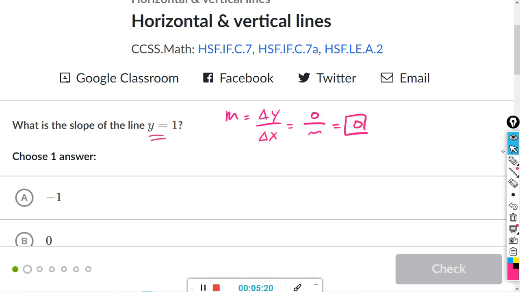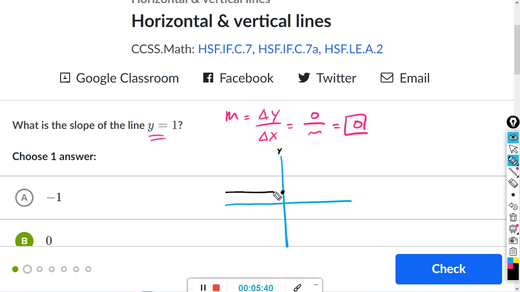So that's answer B. Another way to do this, if you want, you can just graph y equals 1. This is the y-axis right here, so y equals 1 would be approximately right there, and that's a horizontal line. And we said before, for the horizontal line, the slope is 0. So same thing.